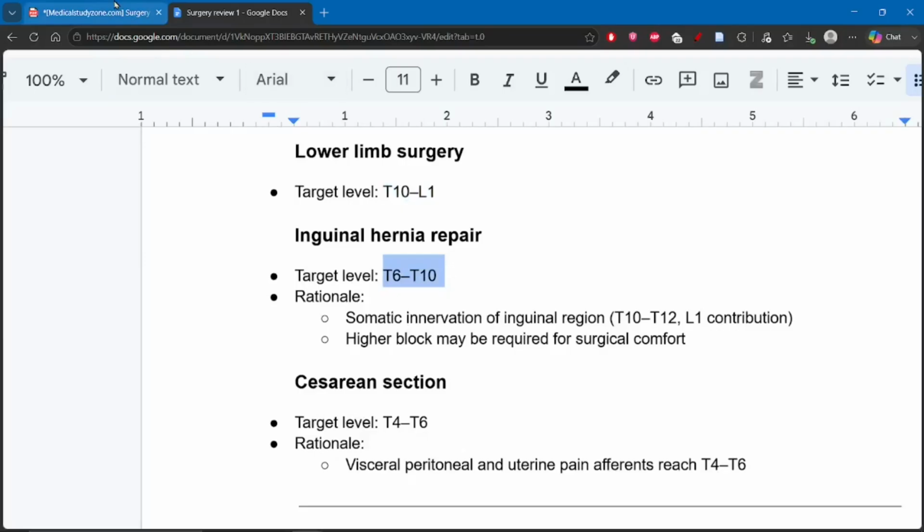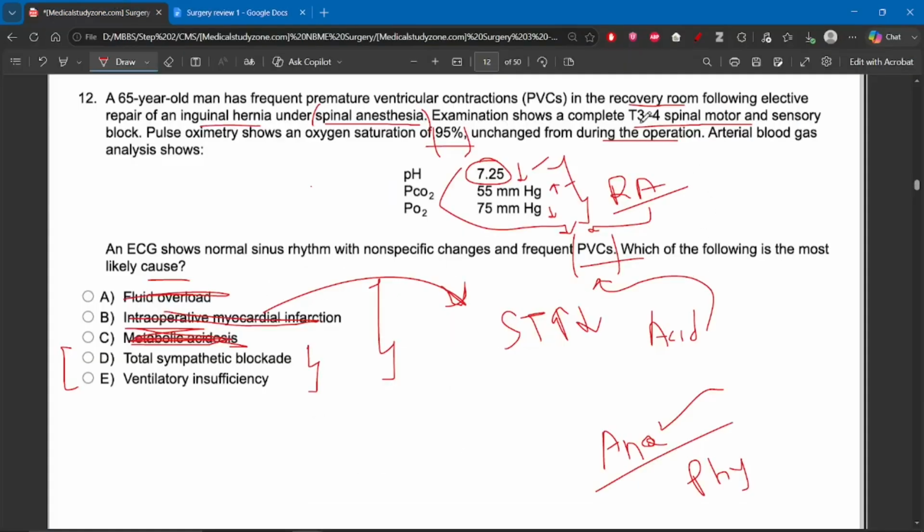And you can see this patient has a spinal motor block at T3 and T4. So this is something that is known as a high spinal block. Forgive my writing over here, but I hope you can make out what I'm trying to tell. This is a high spinal block.